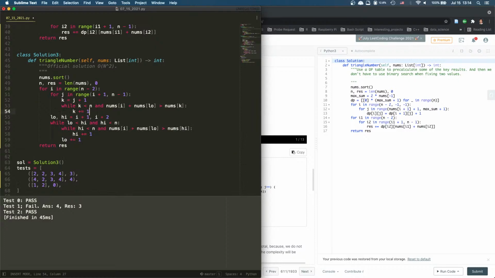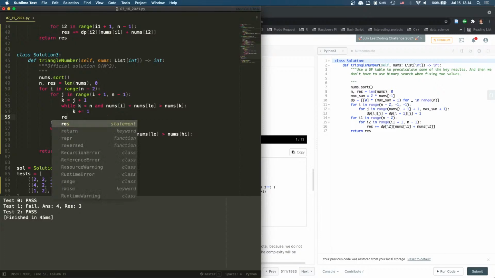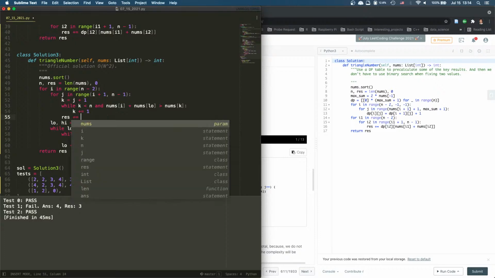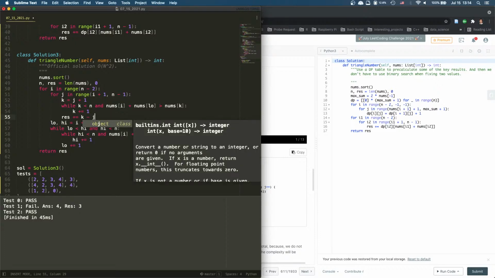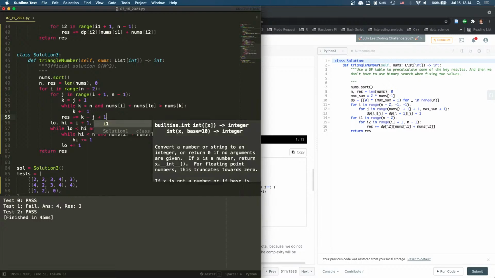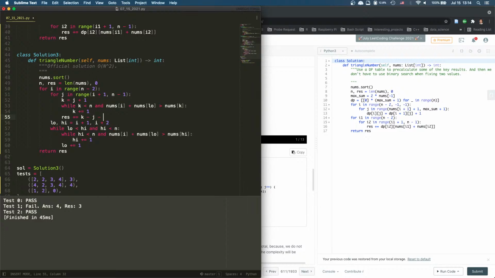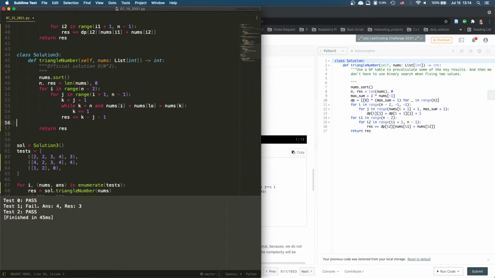And once we cannot do that anymore, res plus equal to k minus j minus 1, right? So that's the result. And then keep going.